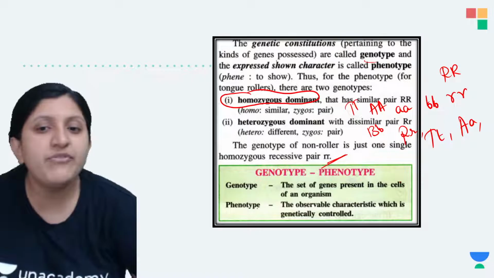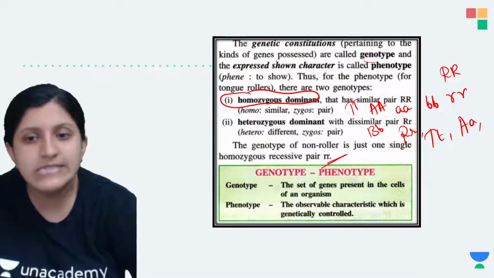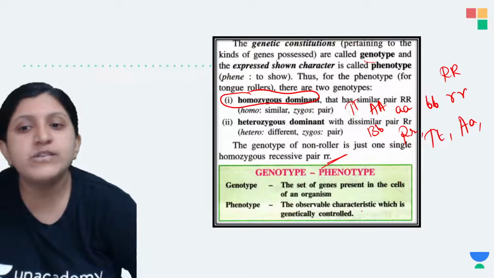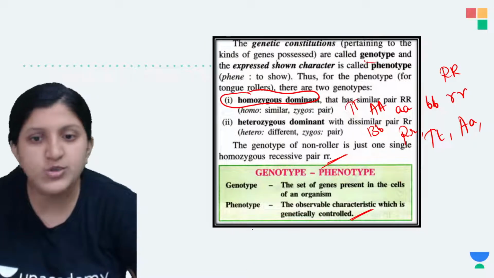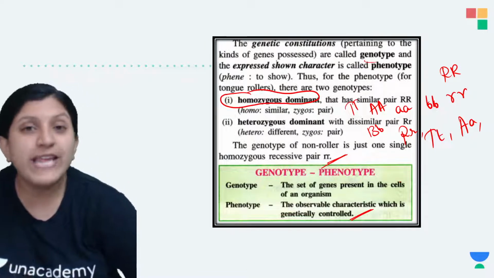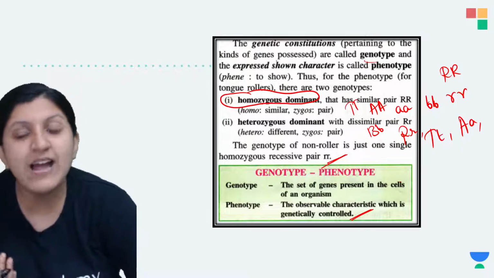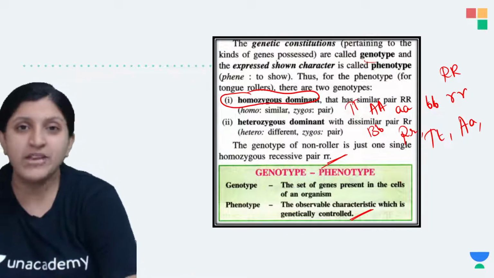So genotype, phenotype when we mention. So genotype, the set of genes present in the cells of an organism. Phenotype when we mention, the observable characteristic which is genetically controlled. So that is the phenotype. So in that case, the expression of the phenotype is basically under the control of genes itself. And that's the reason it is given.